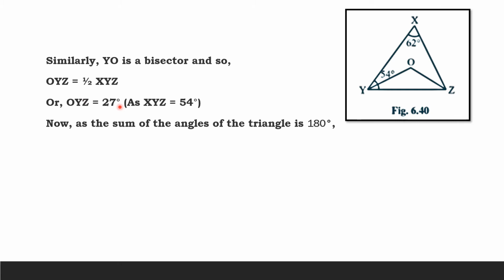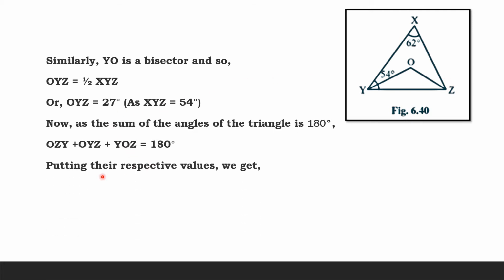Now we know that the sum of angles of a triangle is 180 degrees, and we know the measures of OYZ and OZY. So we can find out the measure of YOZ. Let's see how. OZY plus OYZ plus YOZ is equal to 180 degrees.